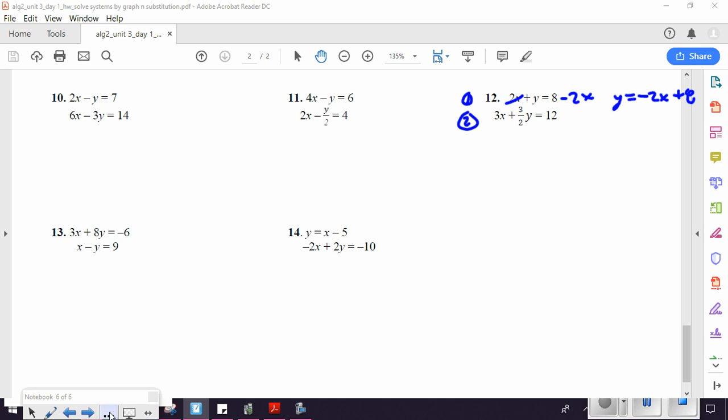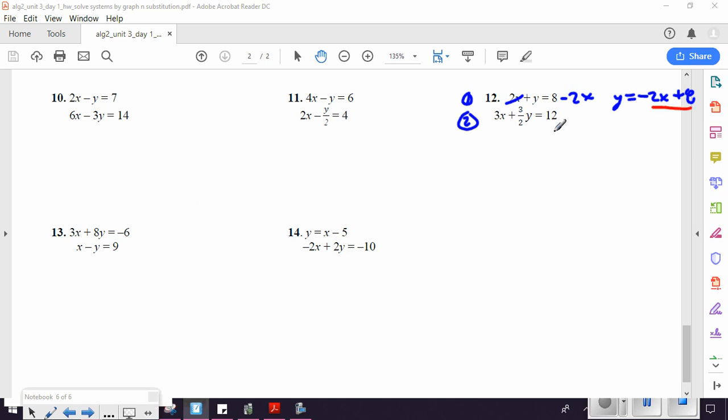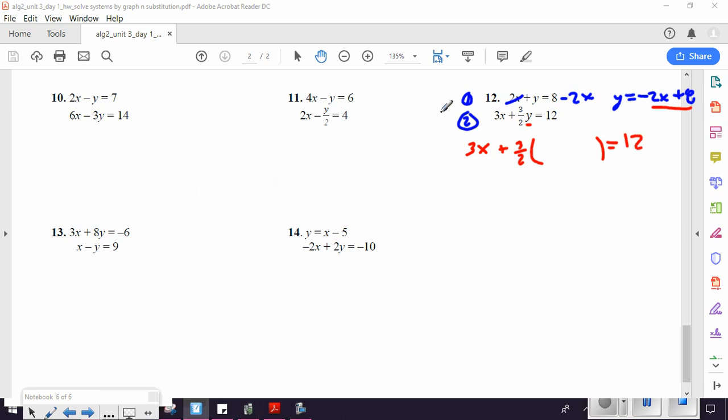And now I'm going to take negative 2x plus 8 and replace y in the second equation. So let's rewrite the second equation. 3x plus 3 over 2. Get our parentheses ready to replace y with negative 2x plus 8.